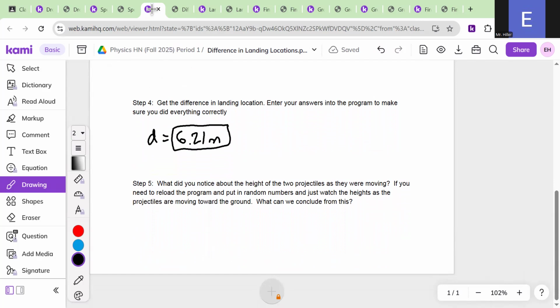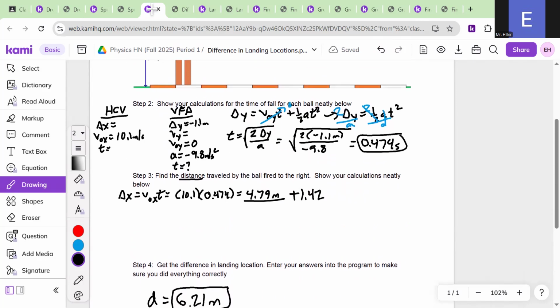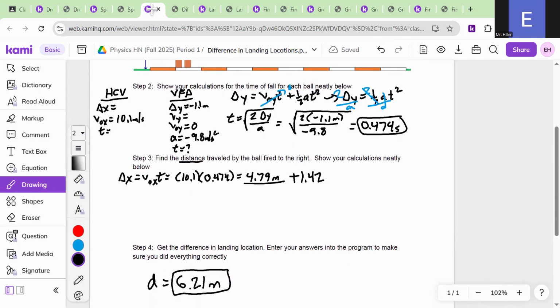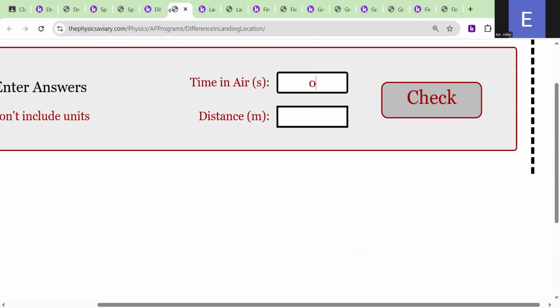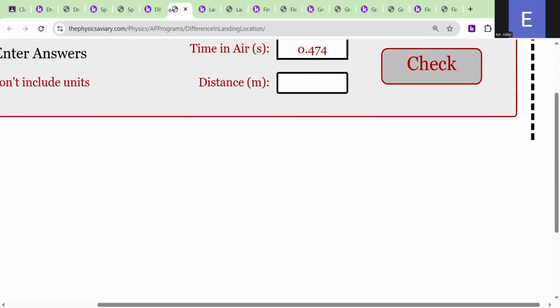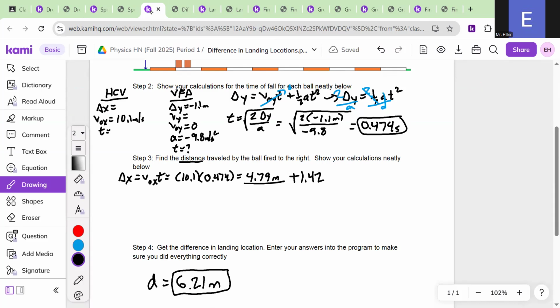Okay, well, same height. Same height. Okay, so I'm going to enter in these values and let's see. So I have a time of 0.474. And I have a distance of 6.21.